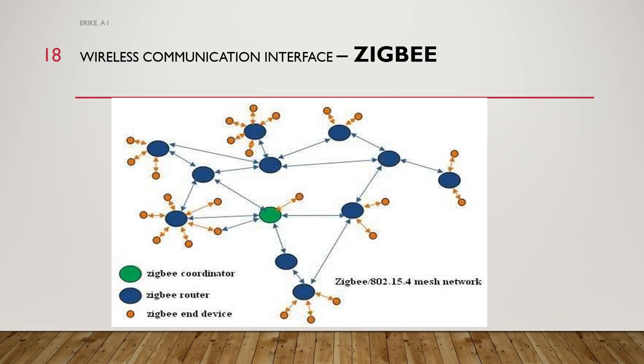It's an IEEE 802.15.4 based specification for a suite of high-level communication protocols used to create personal area networks with small, low-power digital radios, such as for home automation, medical device and data collection, and other low-power, low-bandwidth needs.